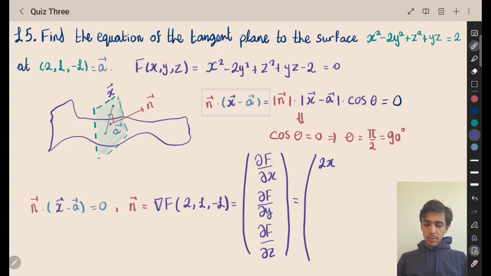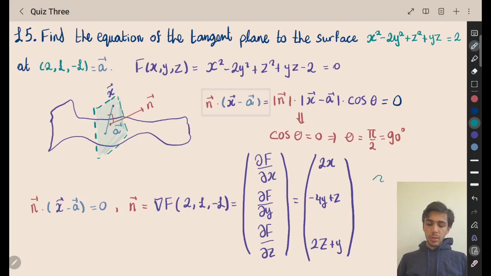The second partial is going to be -4y + z, since these two terms are the only two terms that change with y. And for z, we'll get 2z + y, since these are the only two terms that change with z. All the other terms are constants and are treated as such.